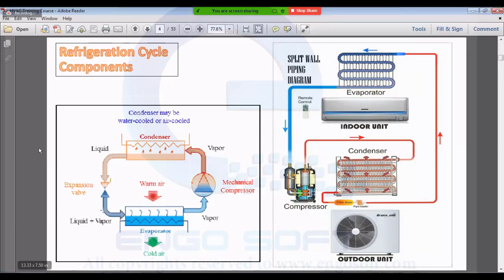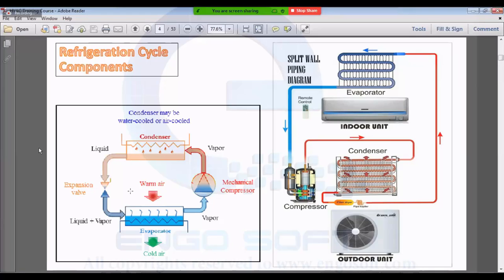So the Freon changes from its liquid phase to vapor phase by absorbing heat from the space itself. Are we okay with this process, evaporation? And do you know now why it is called an evaporator? Yes, I do know. Because the refrigerant, or the Freon, is evaporated.